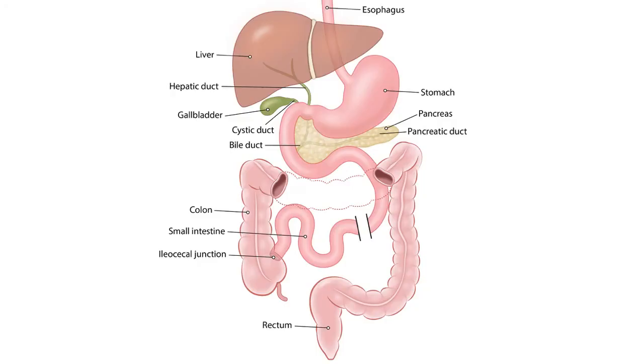So, here is the anatomy of the gastrointestinal tract. We do not see the mouth and pharynx, but we see the esophagus, stomach, small intestine, colon, rectum and anal canal. In addition, liver and pancreas along with gallbladder, bile ducts, etc.